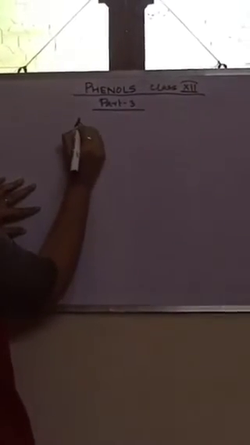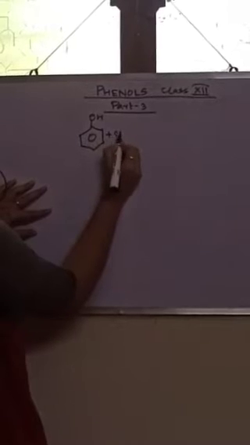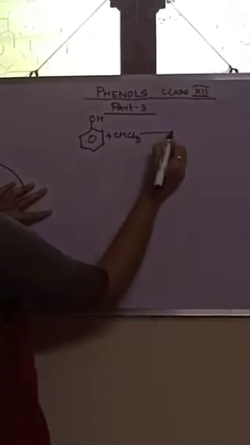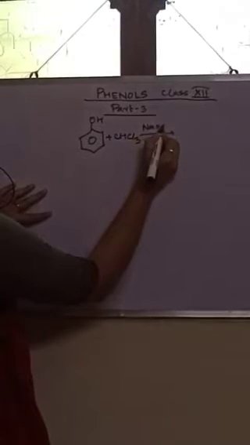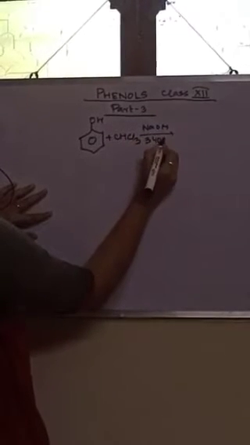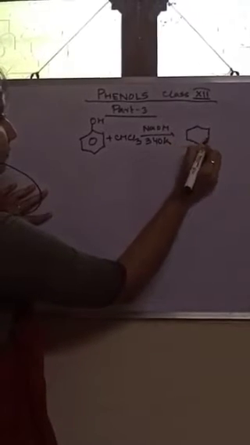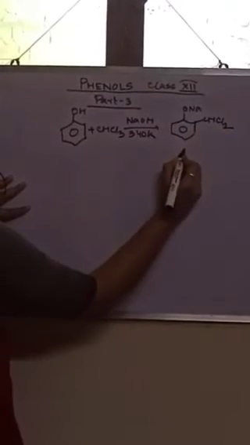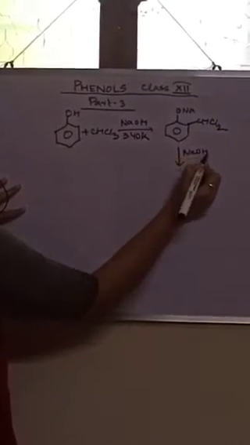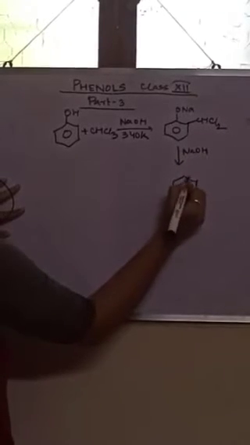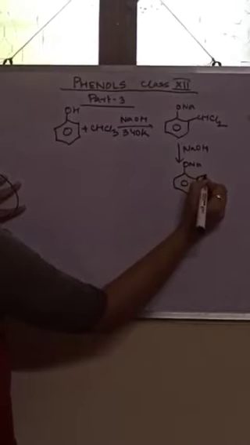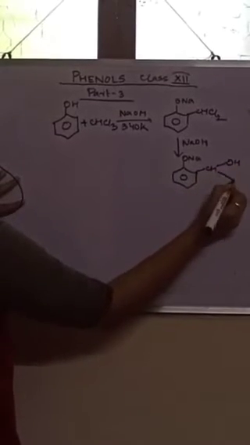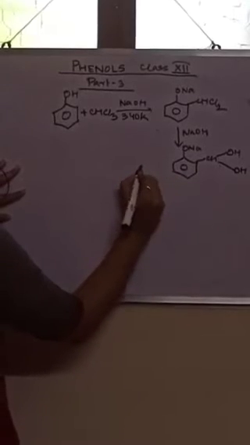Okay, the first reaction is Reimer-Tiemann reaction. In this reaction, phenol is treated with chloroform in presence of aqueous sodium hydroxide at 340 Kelvin temperature to give this, which in presence of NaOH will form this.